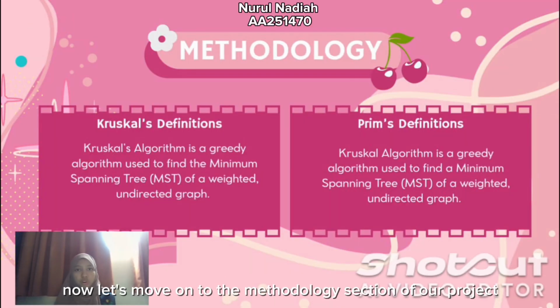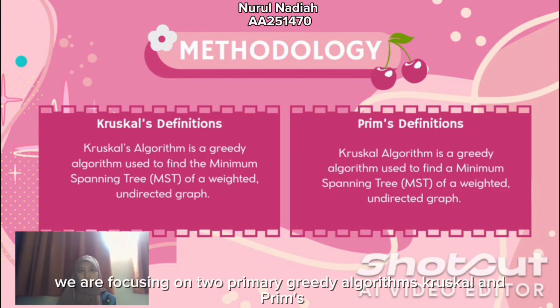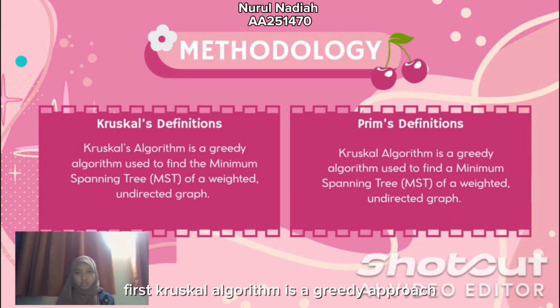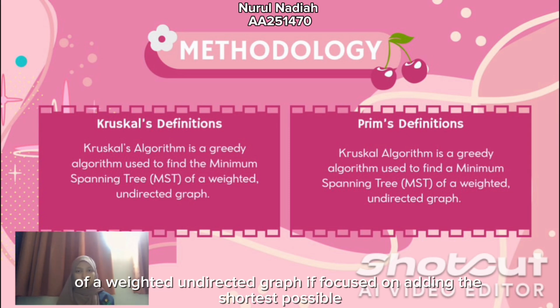Now, let's move on to the methodology section of our project. To solve our network problem, we are focusing on two primary greedy algorithms, Kruskal and Prim. First, Kruskal's algorithm is a greedy approach used to find the minimum spanning tree, or MST, of a weighted undirected graph.